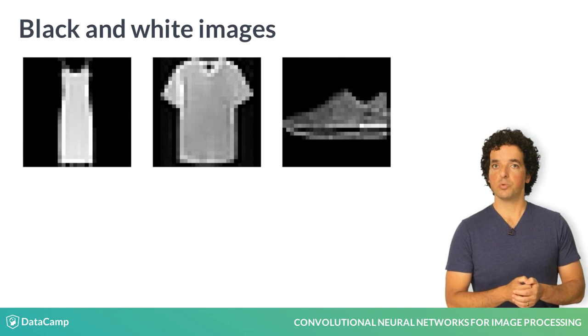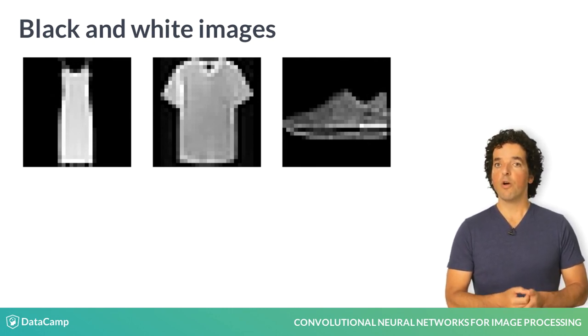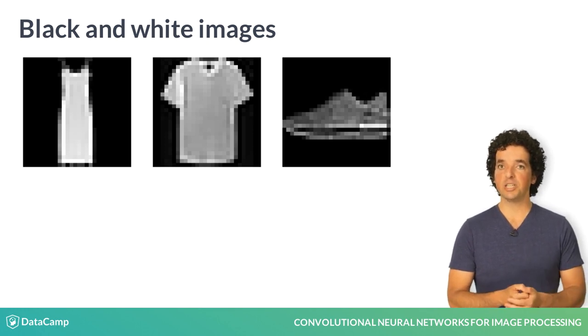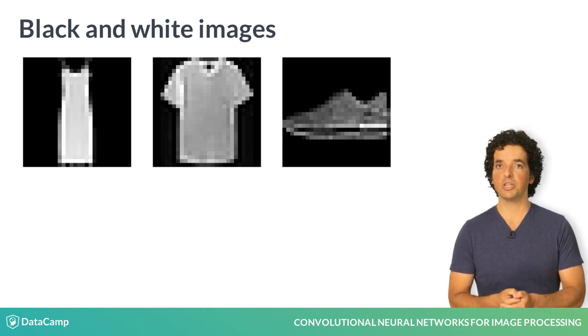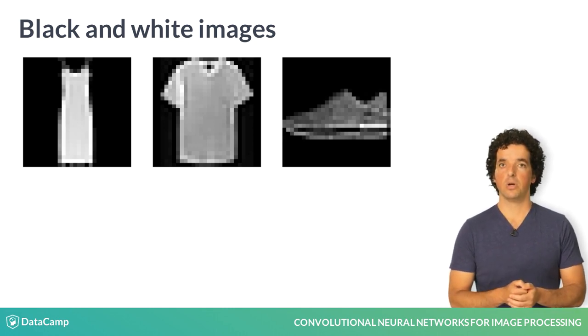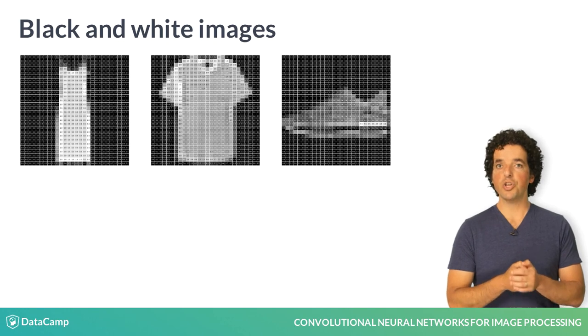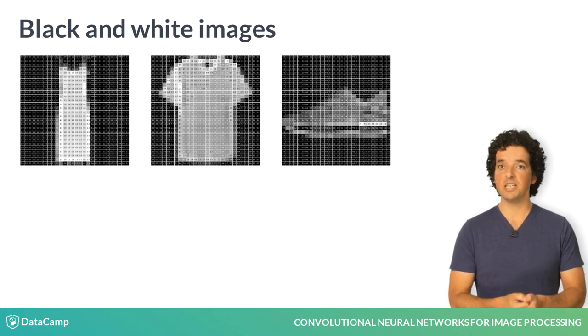In this course, we will mostly look at black and white images. For example, consider these three images of three different items of clothing: a dress, a t-shirt, and a shoe. What the computer sees are the numbers that represent the intensity of the image in each pixel.